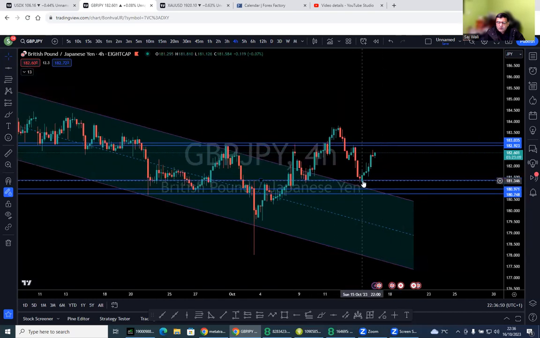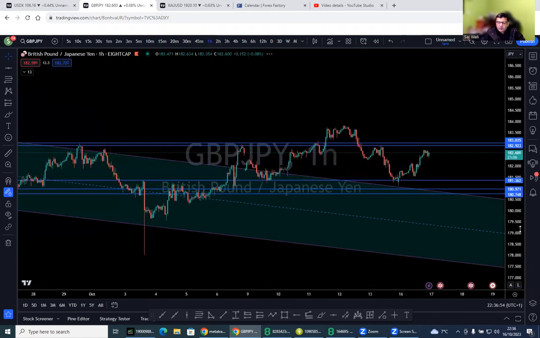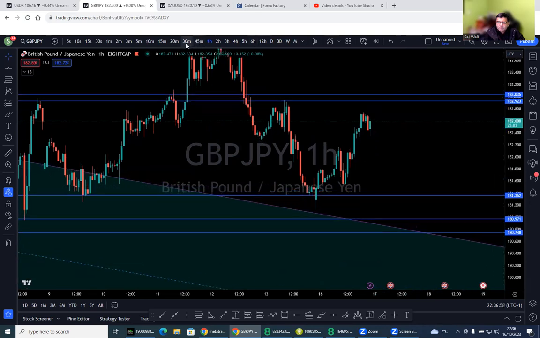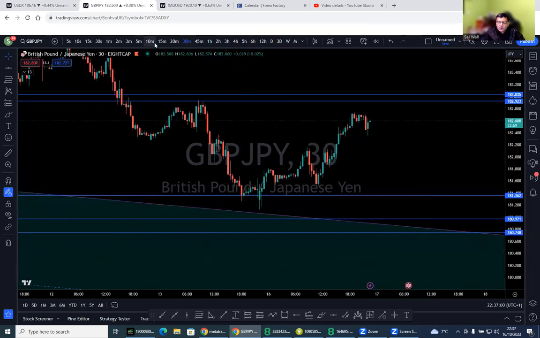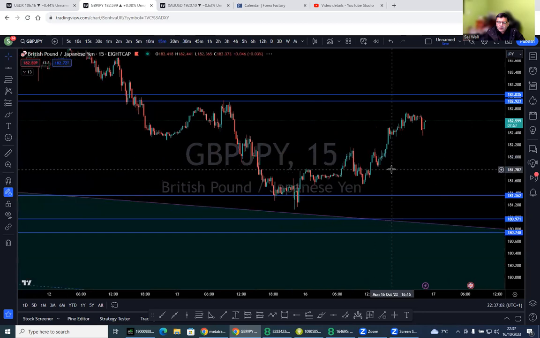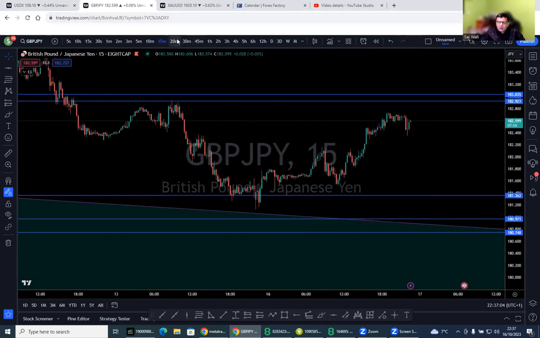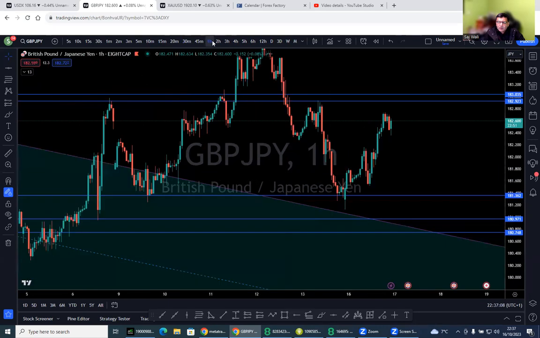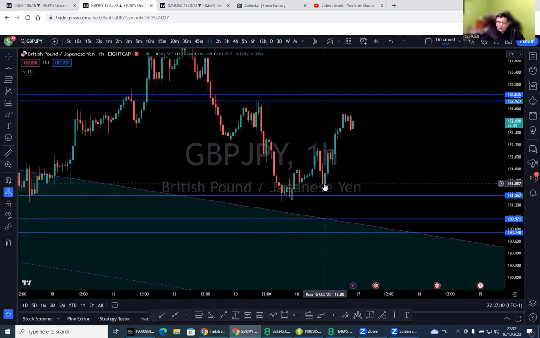Now on the 4 hours, you can see there's a buy trade here, and always go to a smaller time frame to look at the market closely. Here is a retest of this area, and it's a double bottom as well, so a good trade here.